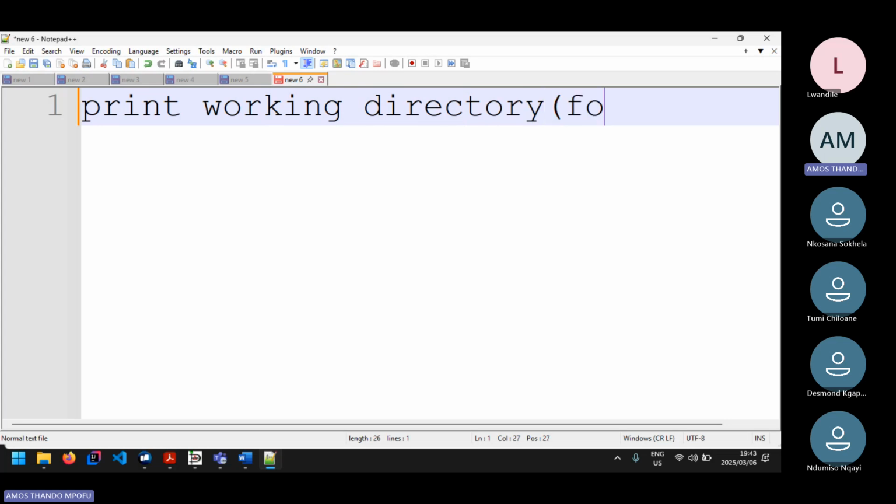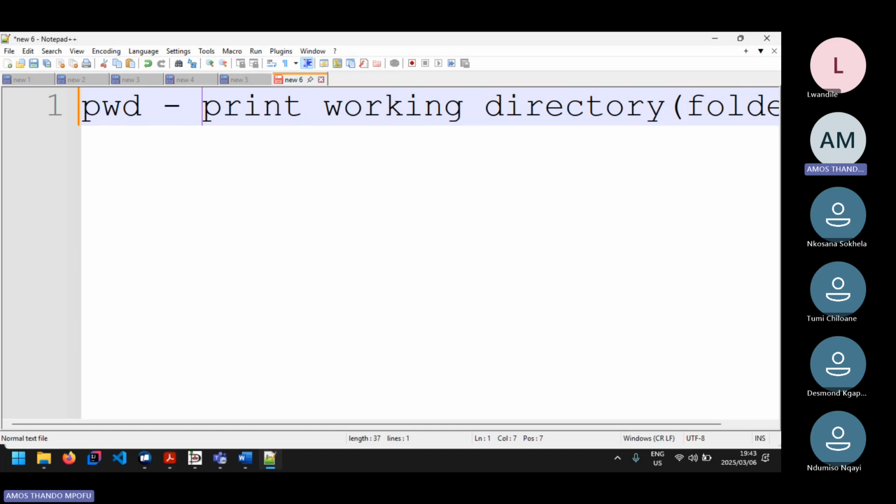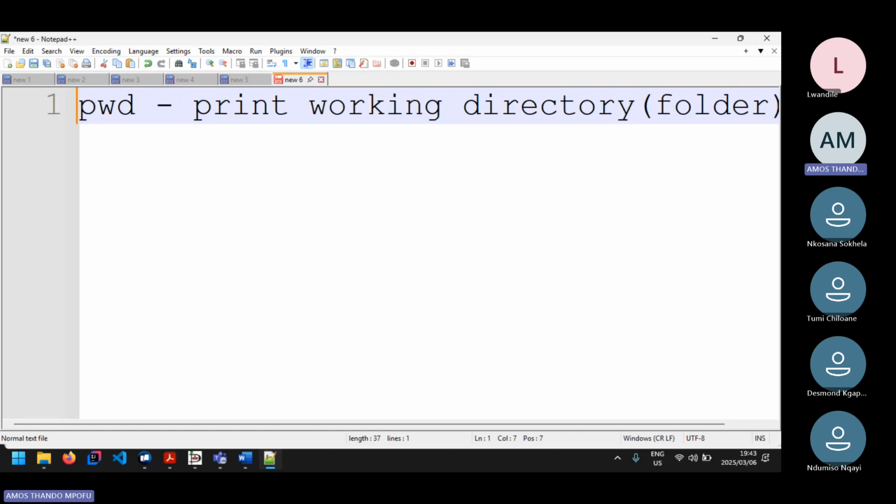Another word for directory is folder. It's a fancy way to say this is a folder. We call that a directory. So pwd just stands for print working directory. So basically, print the current folder that I'm in.